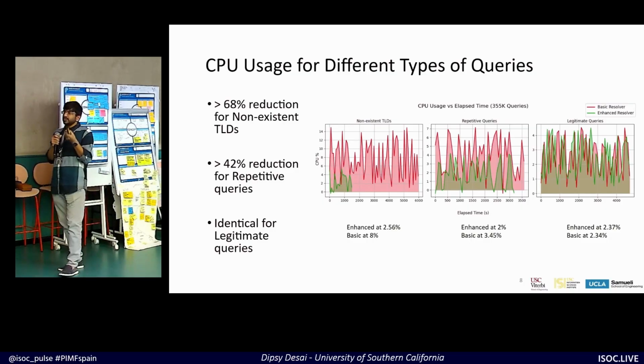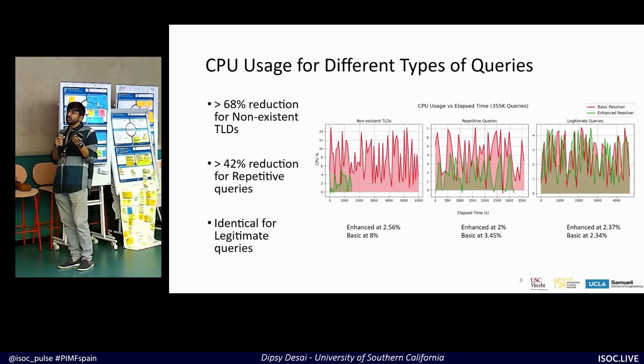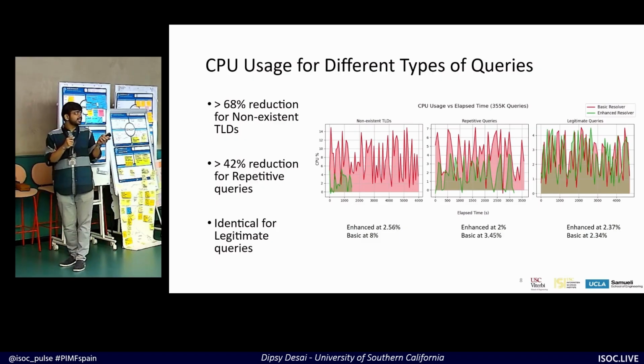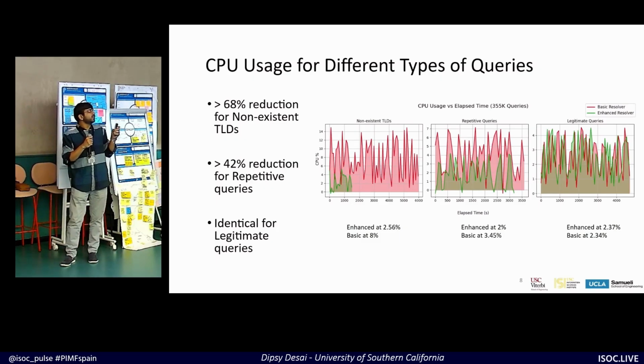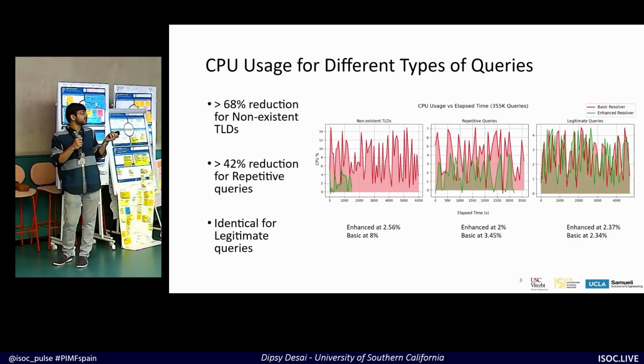In order to also evaluate how a specific resolver would perform when only one category of queries was fed as input, we experimented with 3 different scenarios. The figure on the right has elapsed time in seconds on the x-axis, and all 3 of them have CPU utilization in percentage on the y-axis. Again, red is for the basic resolver, green is for the enhanced resolver.